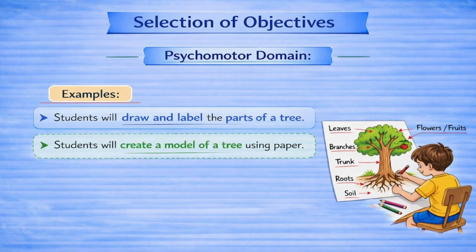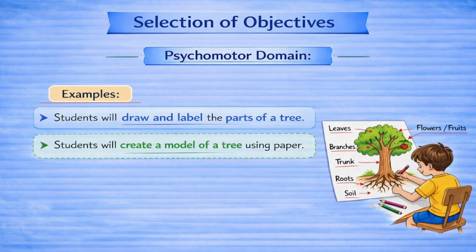Selection of objectives based on psychomotor domain. The psychomotor domain is related to physical skills and actions. It develops students' ability to perform the task using hands and body movements. In simple words, it deals with practical skills.